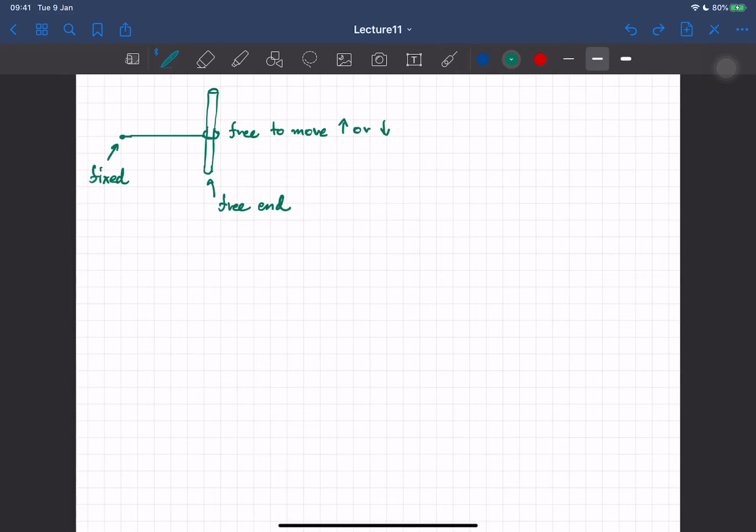So if the whole thing has length L, you cannot write y of x equal to L at any time equal to 0. This does not work anymore, because it can move freely. So we have a slightly different boundary condition.